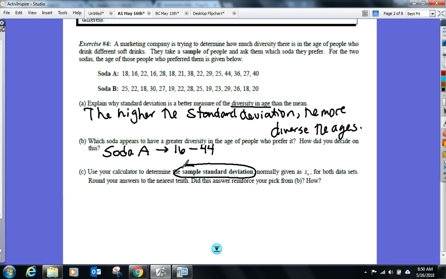All right, so you're going to have to go list, clear it out, do another list for soda B. Round it to the nearest tenth, so you're going to have to do a list for each. Remember, when you go to calculate it, you only calculate it one list apiece. You should never have two different lists in there.